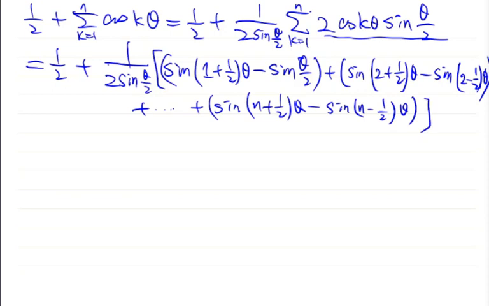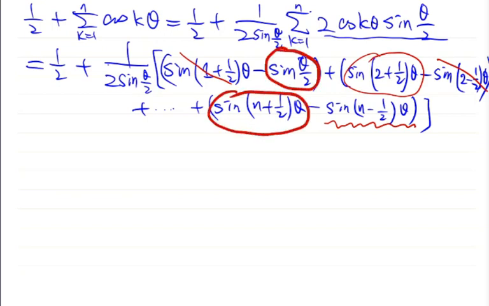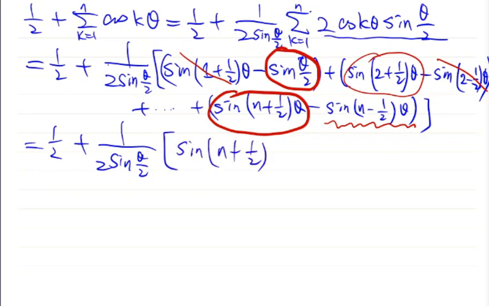Then this sine cancels with this term, and this term will also cancel with the next term. Finally, this term will also cancel with the previous term. So what remains are these two terms. Then we obtain a half plus 1 over 2 sine half of theta times sine(n plus a half)theta minus sine half of theta.